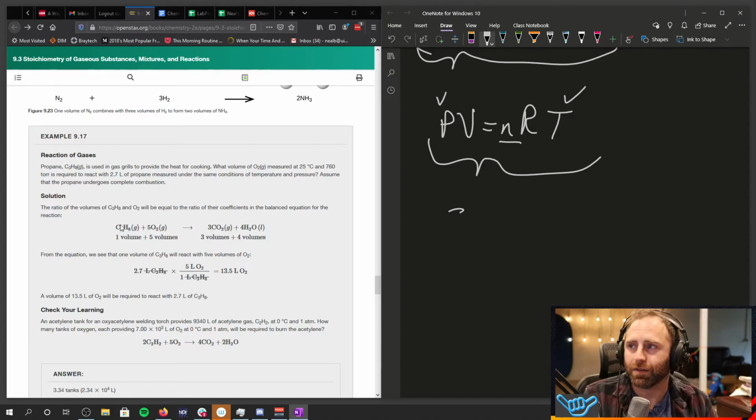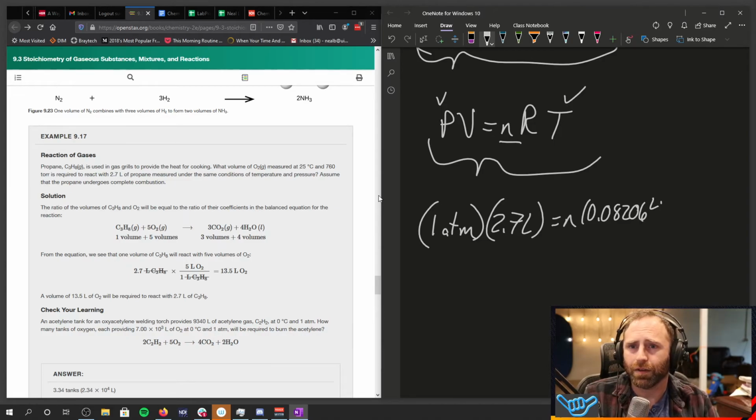you could just use your pressure that's given, the 760 torr, which is going to be 1 atm. You have a volume of 2.7 liters of propane. You could figure out what your number of moles of propane are. You use your R value, and you could use your temperature, 303, yeah.